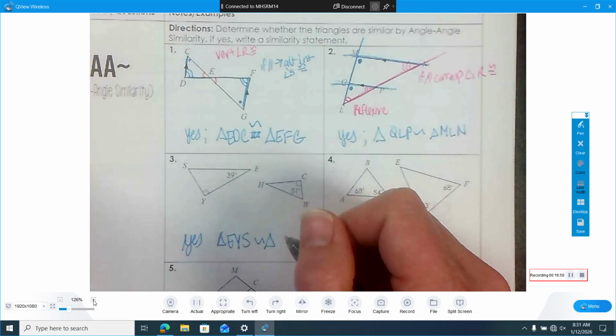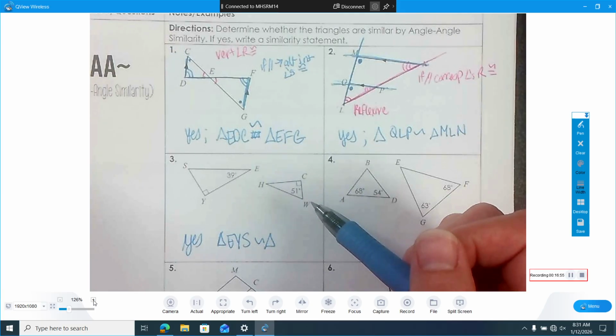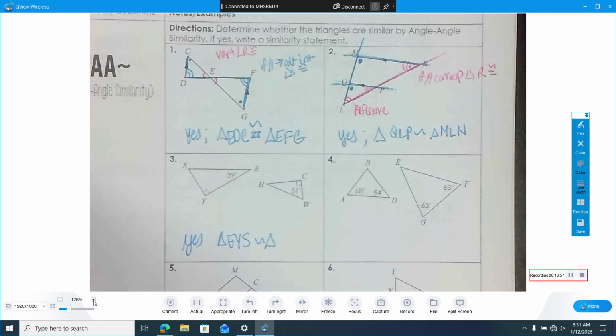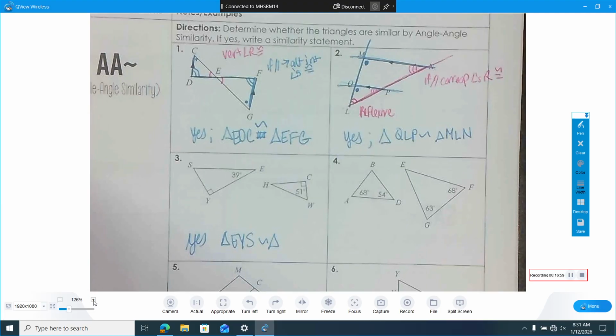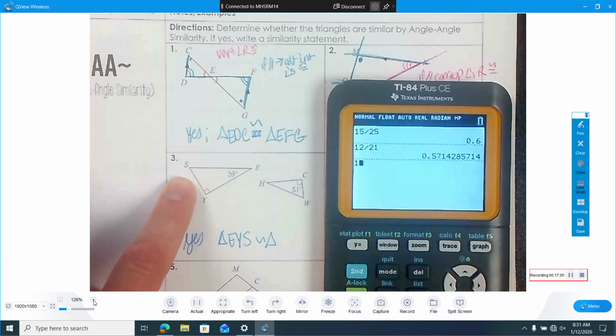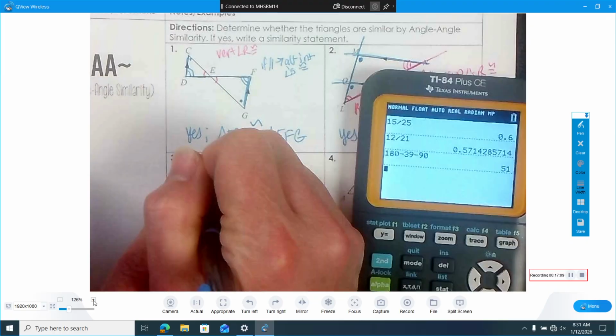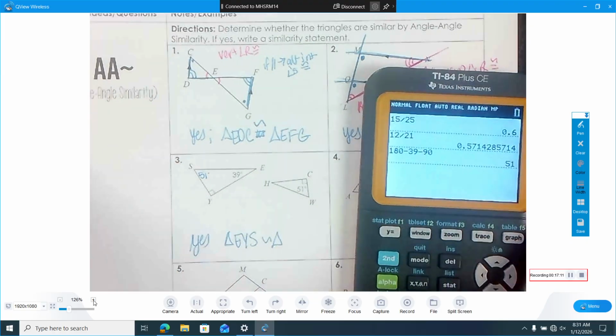How do I know that they're similar? How do we know they're? Okay. So 180 minus my 39 minus the 90 degrees, I get a 51 degree angle there.